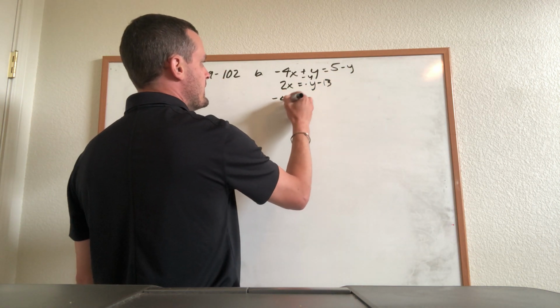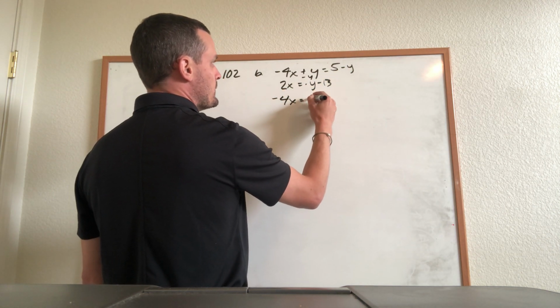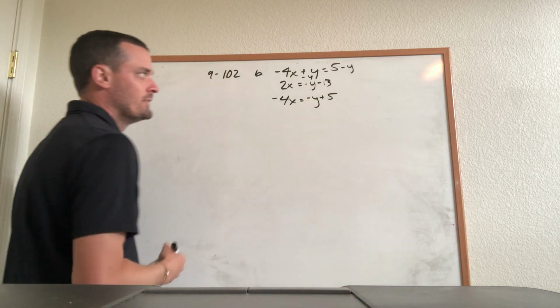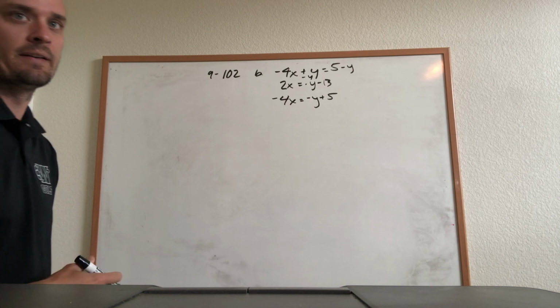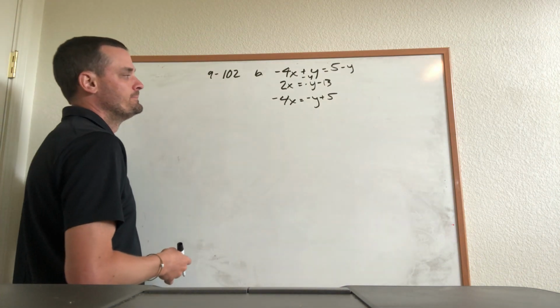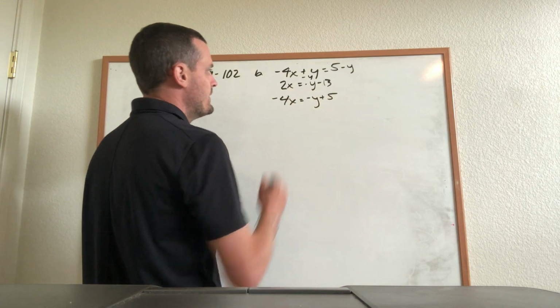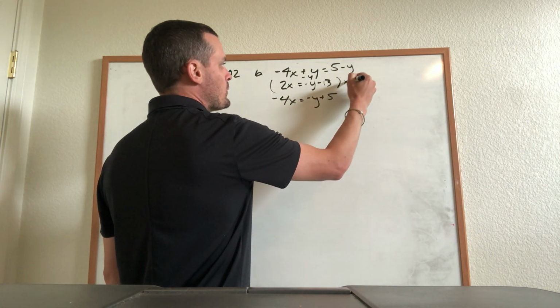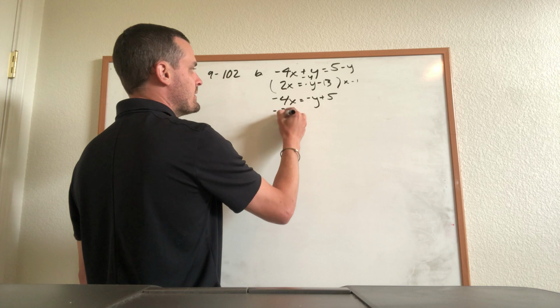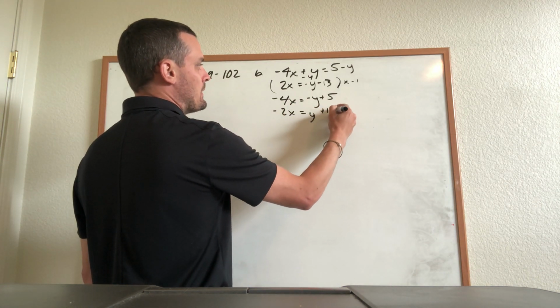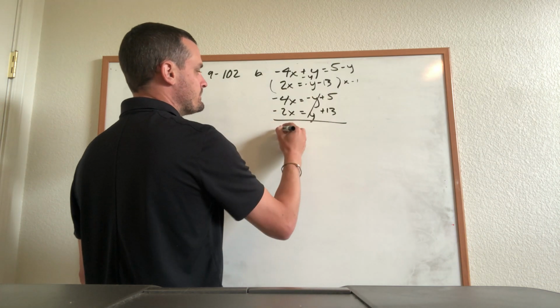So now we have negative 4x equals negative y plus 5. Now everything's lined up, on the correct side of the equal sign. So we can either eliminate the x's or the y's. I'm going to multiply this one by negative 1, which gives me negative 2x equals a positive y and a positive 13 now.